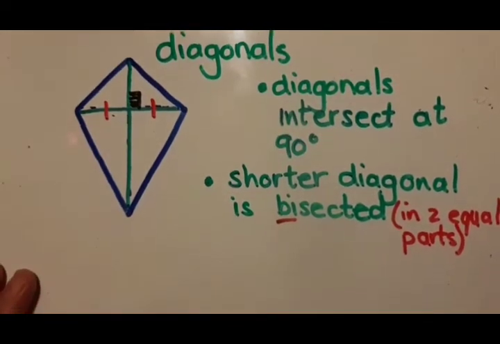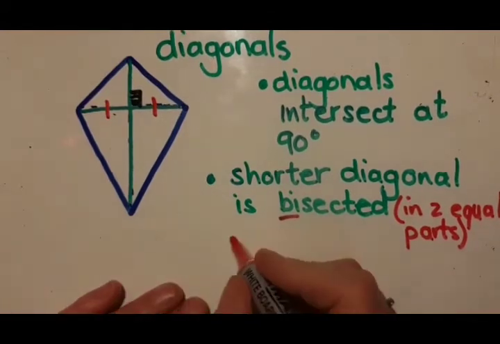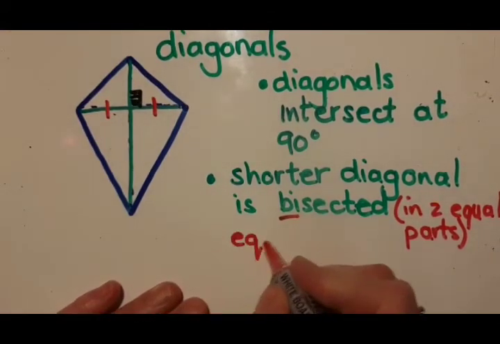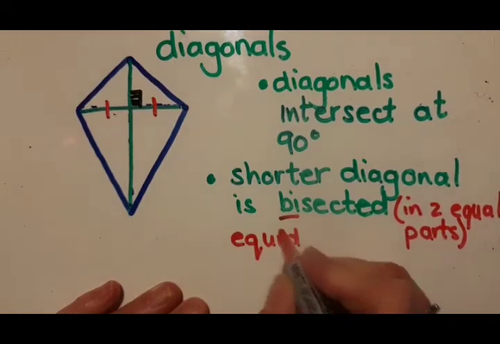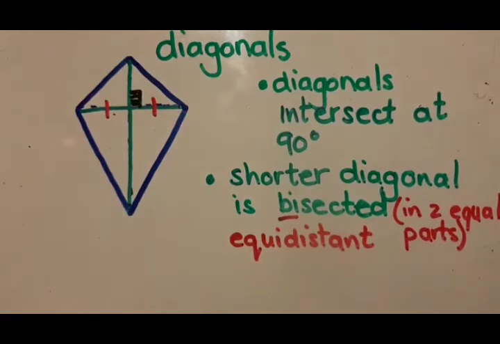Another word that means in two equal parts is equidistant. In two equal parts.